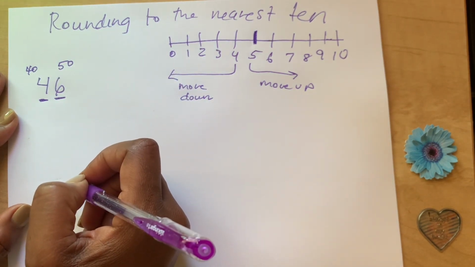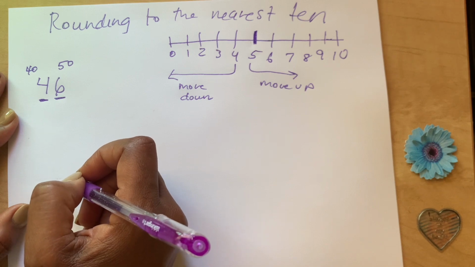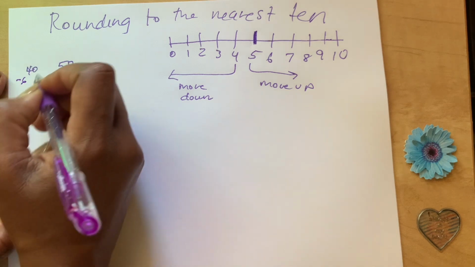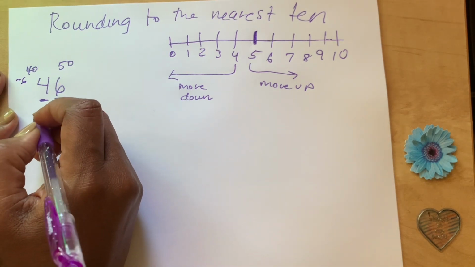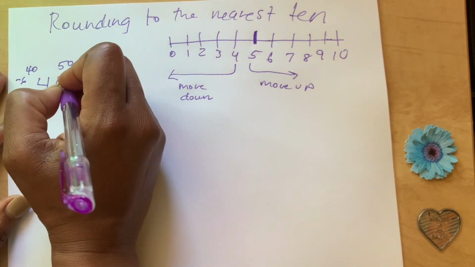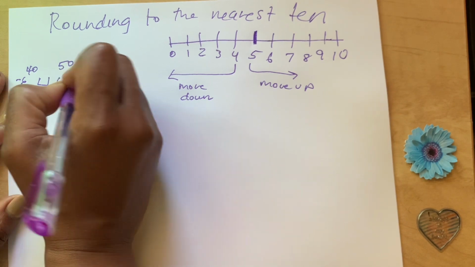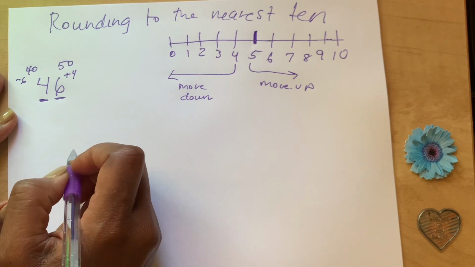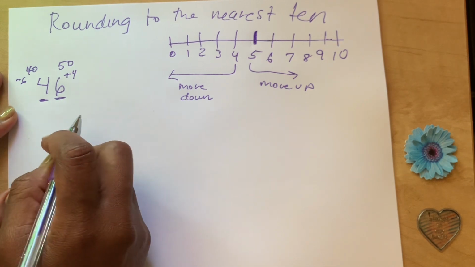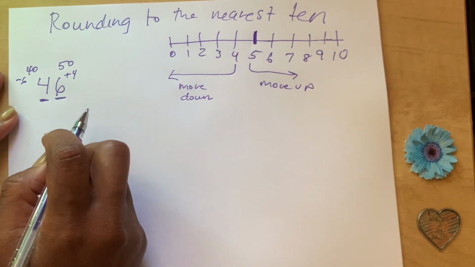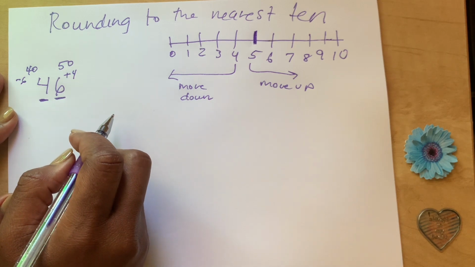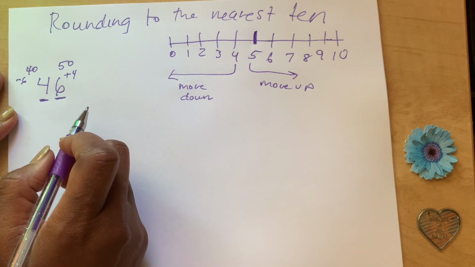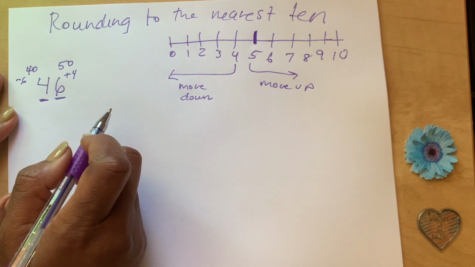Just looking at it, I can already see that to get to 40, I would have to go 6 places to the left if we were looking at a number line, or to get to 50, I'd have to move 4 places to the right. So basically, we want to know which one is closer. And you can already see that 4 places to the right will be closer than moving 6 places to the left.